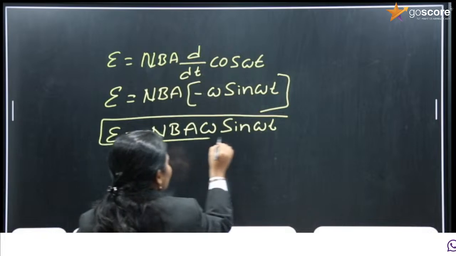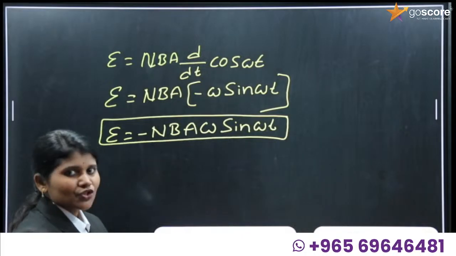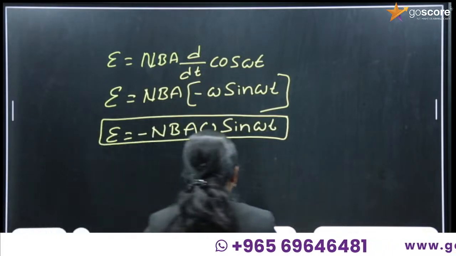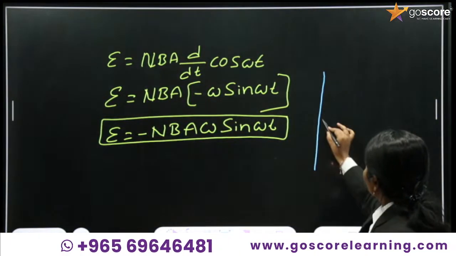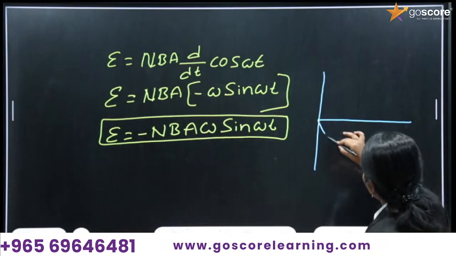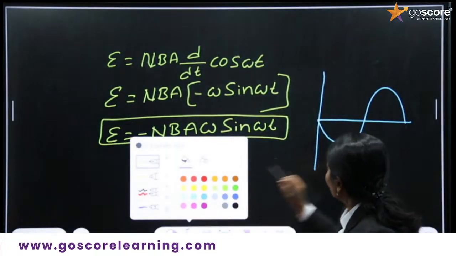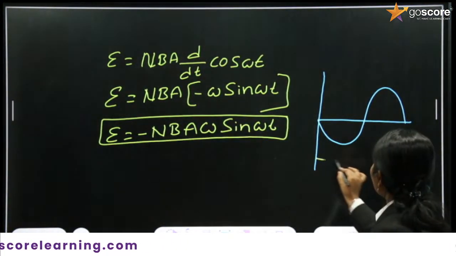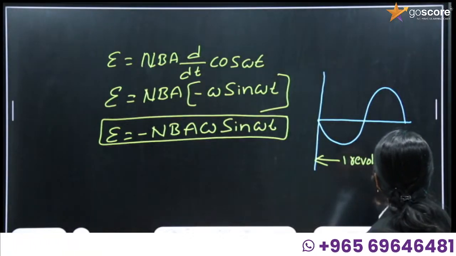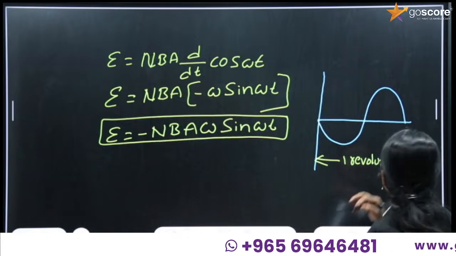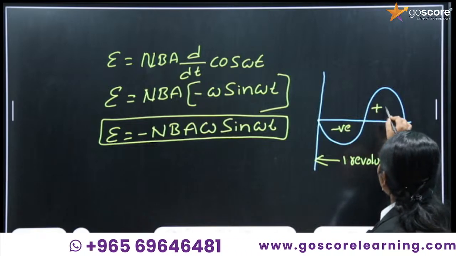This is the EMF equation by changing the orientation. Then we are getting a graph like this. In one revolution, we are getting two values, negative and positive.